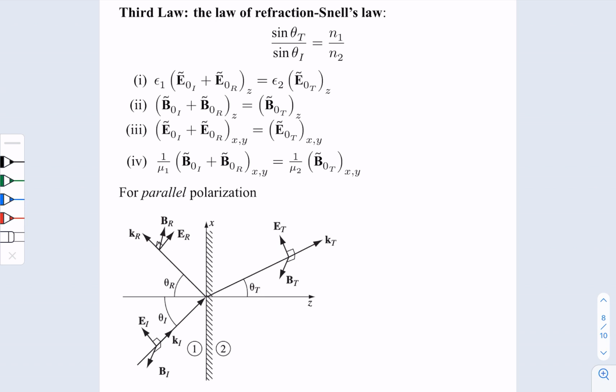If you still remember, in the normal incidence we eliminated some expressions. In the normal incidence, the E is only E parallel, whereas in this case, the E has both a parallel component and a perpendicular component. So the boundary conditions are more, and the unknowns are also more.